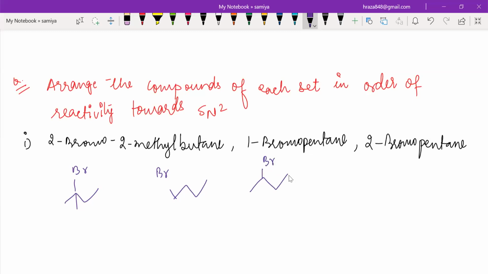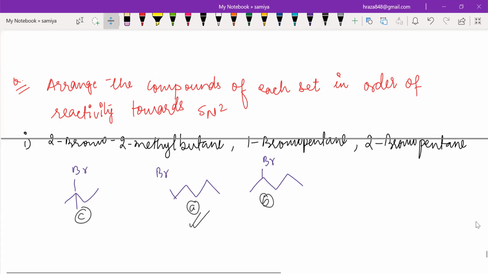Oh, pentane it is, and 1-bromopentane. So which one will be most reactive? This is A, this will be B, and this will be C. Sir, most reactive is this, right? C, B, C. Yes, sir. Very good.